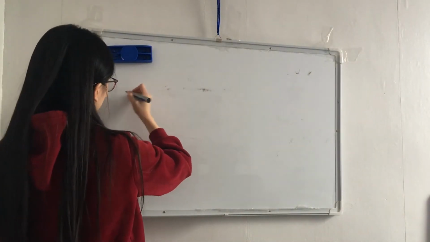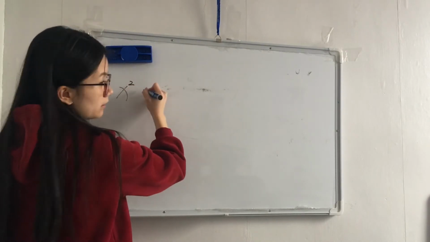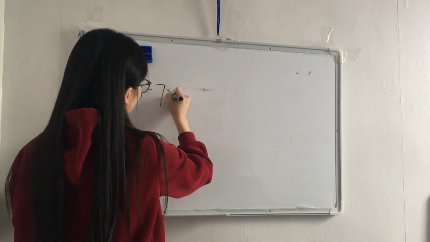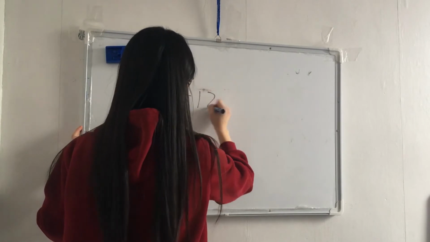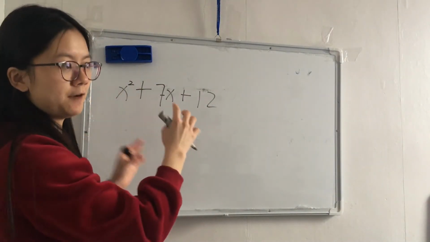Again, I give an example. x squared plus 7x plus 12. We try to factor this to write it in a factor form.